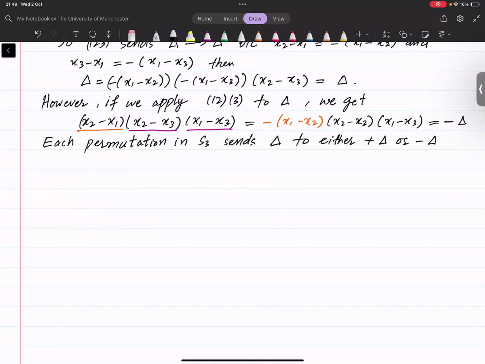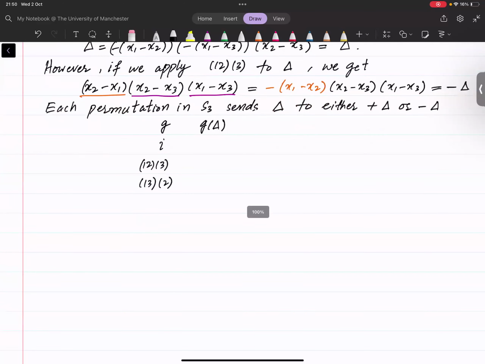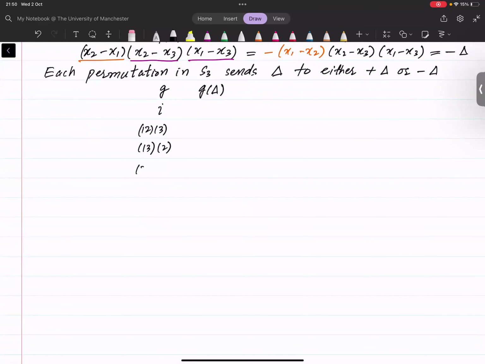And here's the table. So we have G, and then we have delta of G. We have the identity permutation, then permutation 1, 2, 3 with 1 fixed, 1, 3, 2 with 1 fixed, and then 2, 3, 1, then 1, 2, 3, and 1, 3, 2.